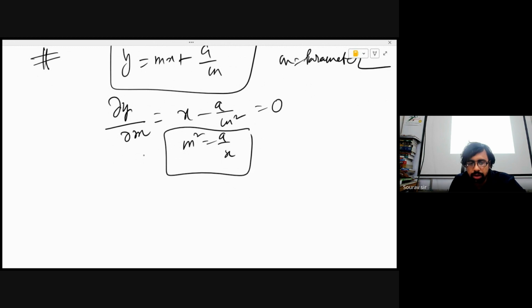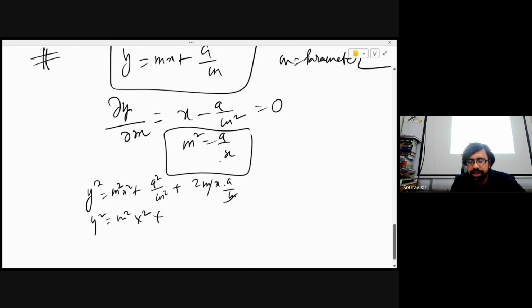So here, just do one thing. y square equal to m square x square by a square m square plus 2mx into a by m. This m is gone, so this is 2ax. So whenever y square m square x square, so this a square m square is nothing but what? This is a square by m square, right?